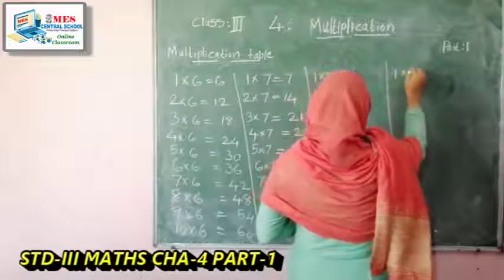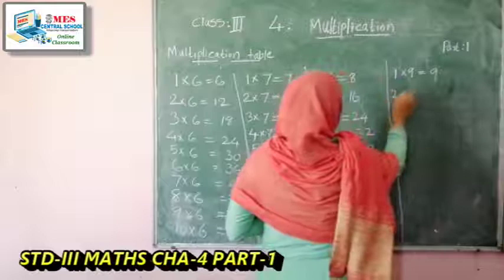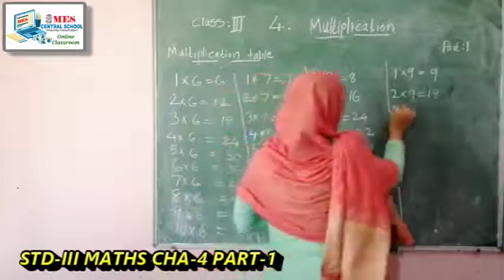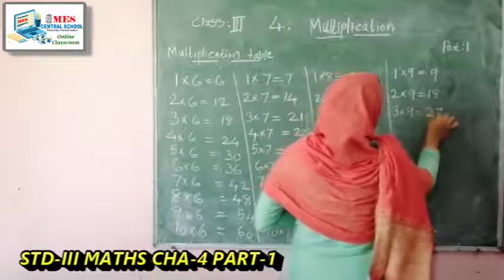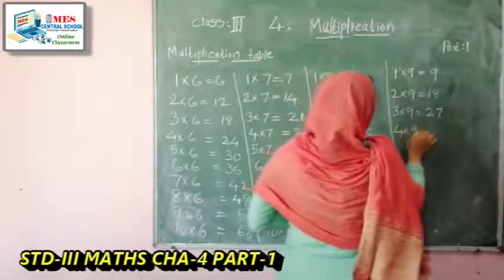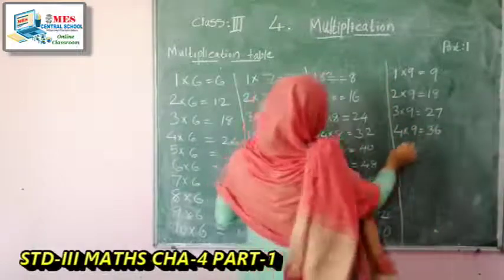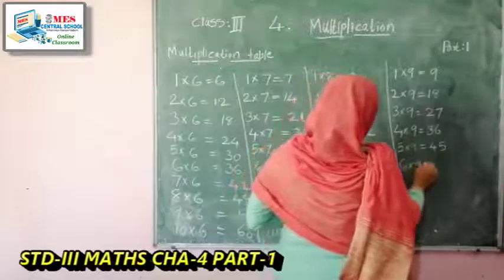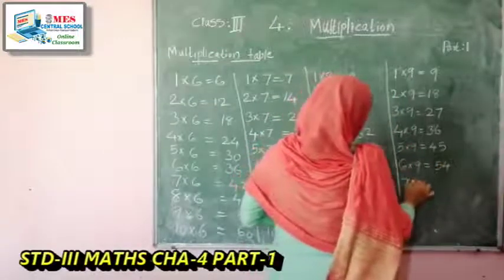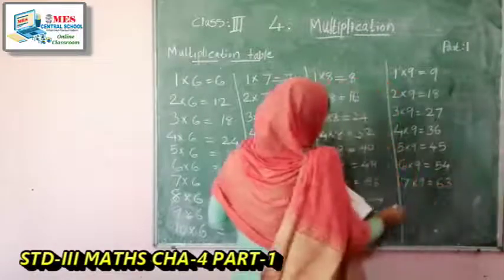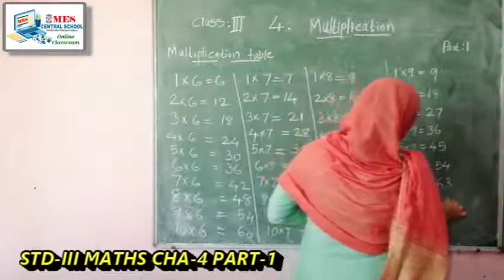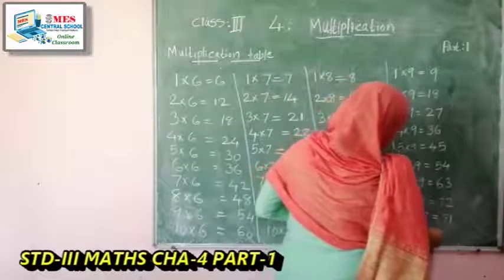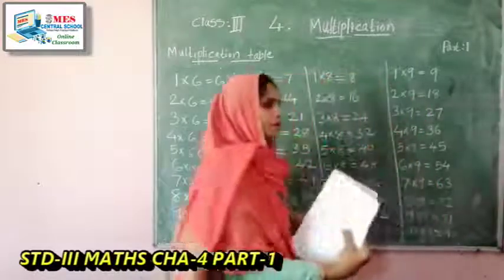First one, 1 9 is 9, 2 9 18. 3 9 27. 4 9 36. 5 9 45. 6 9 54. 7 9 63. 8 9 72. 9 9 81. And 10 9 90. Table of 9.